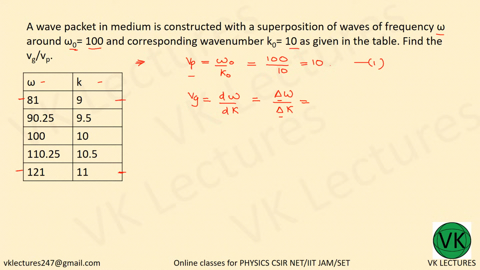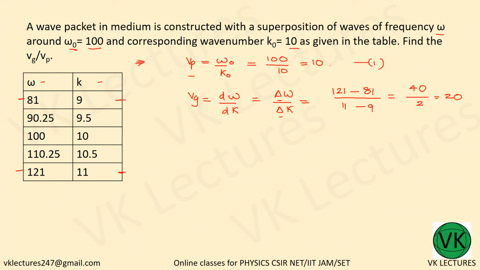Delta omega I am taking as 121 minus 81, divided by 11 minus 9, so that's 40 divided by 2, which is 20.